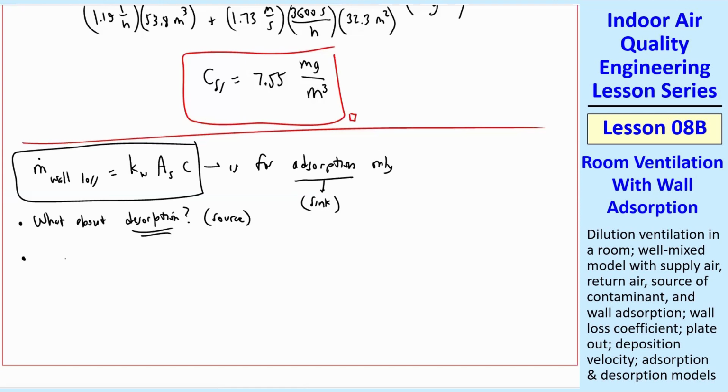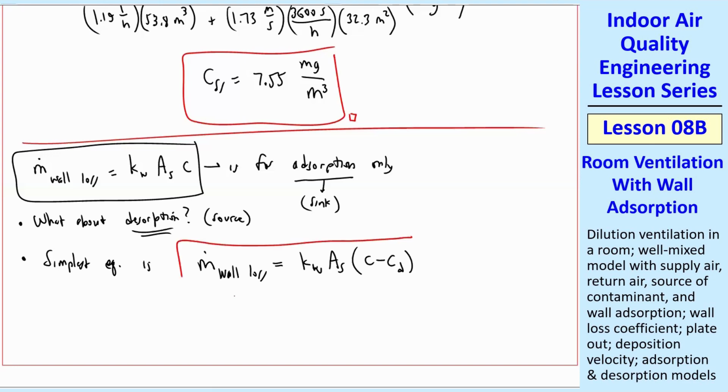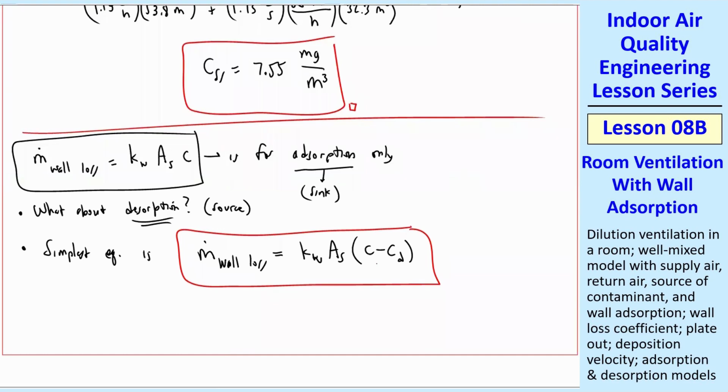There's plenty of people that have studied different ways to do that, but the simplest equation is a slight modification of the one I just wrote, KW AS as above. And instead of just C, we have C minus some C sub D, where C sub D is a concentration that determines whether it's going to adsorb or desorb.